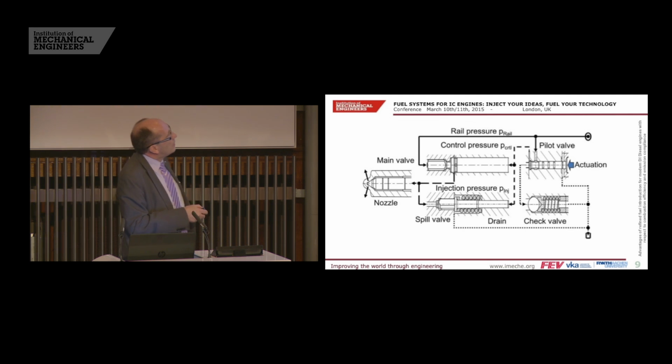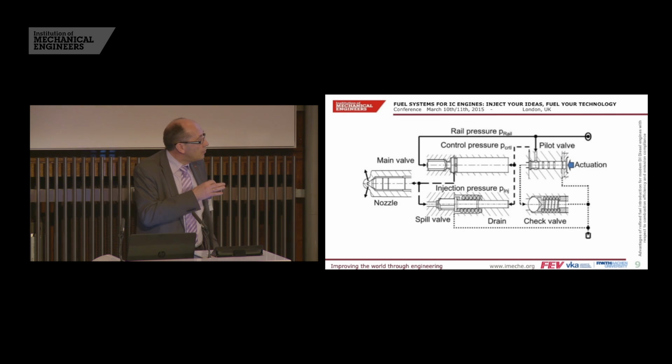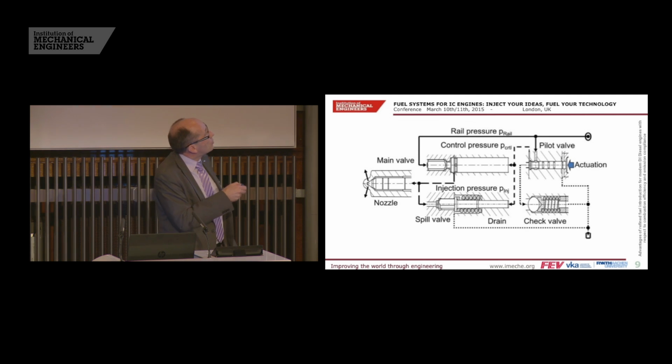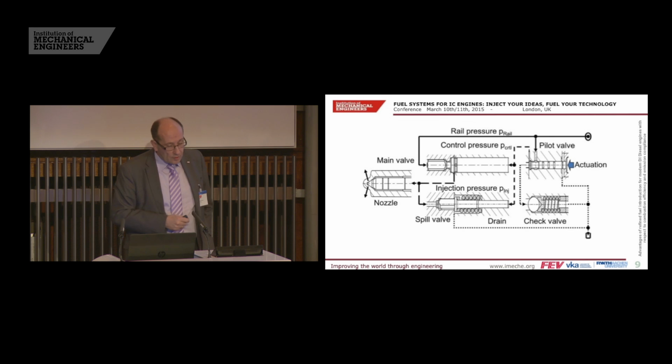As I already said, we are aiming towards a very fast needle opening and closing behavior, and therefore the needle is spring-loaded. As soon as the injection pressure, which is released from this control assembly, exceeds the spring force, directly the needle opens with very fast velocity, and also in the same way it closes.